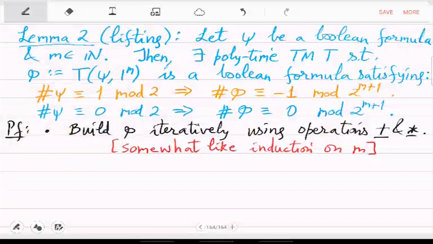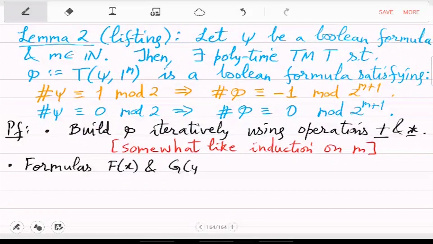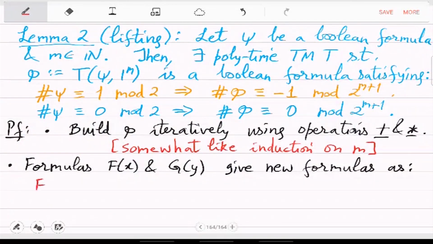So formulas f(x) and g(y) give new formulas as follows. So f plus g will be, okay, just one new variable u will be added.